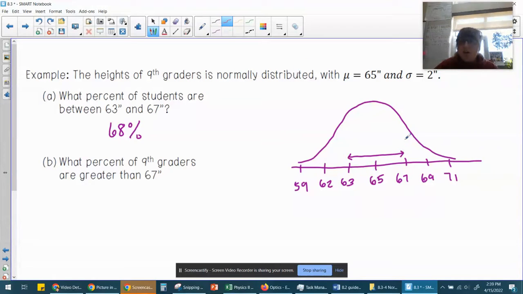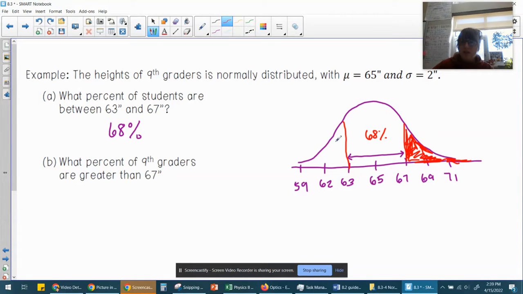And then we want to know, well, how about just greater than 67? So everything to the right of 67, even past that 3 standard deviations. To figure that out, I already know that there's 68% between 63 and 67.